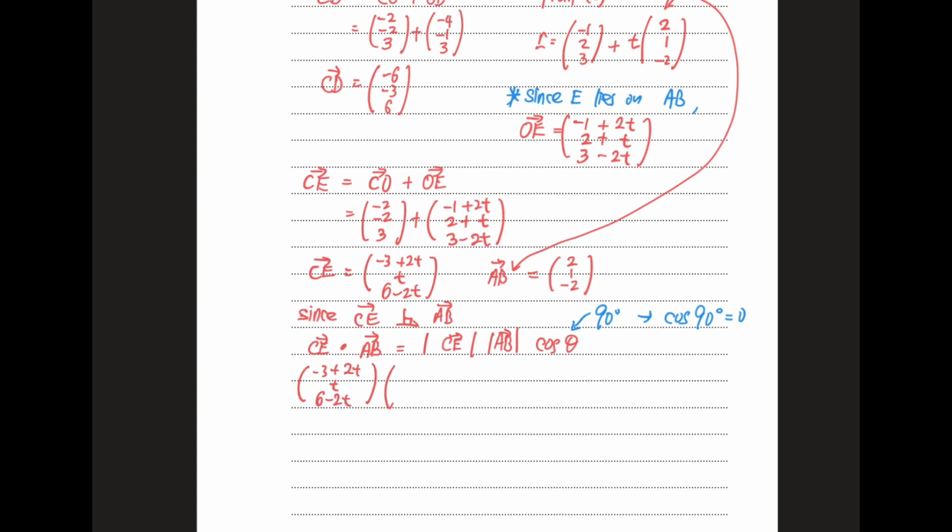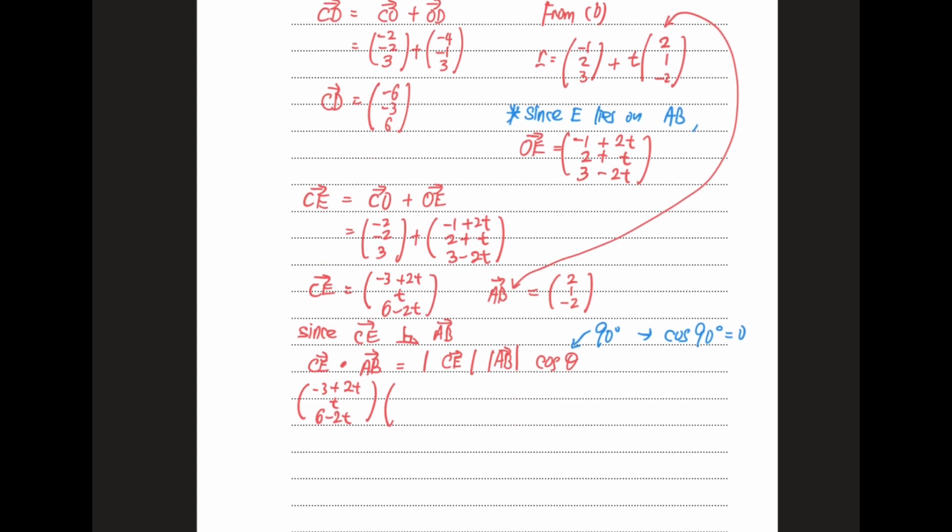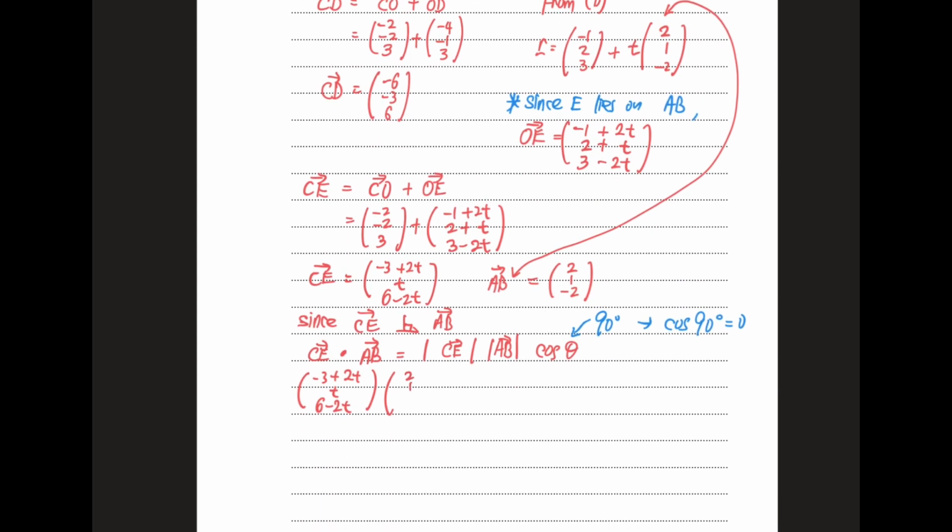Multiply with AB. Where is AB? AB is here, 2, 1, minus 2, equal to 0. So how do we do scalar product?